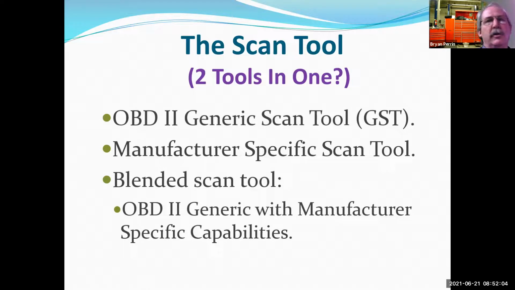So that is your Autel, that's your Snap-on, there's quite a few tool manufacturers that make what we call a blended scan tool. It allows me to do those generic functions as well as a lot of OE or factory functions or enhanced functions. Many factory scan tools will not do any generic functions. A true generic scan tool won't do any enhanced functions. So what we really want is a tool that's a combination of both of those things.